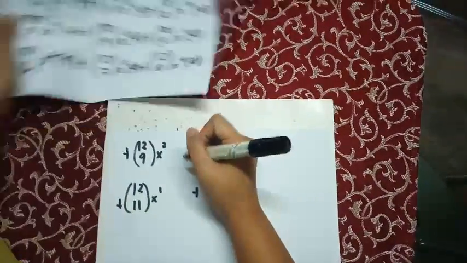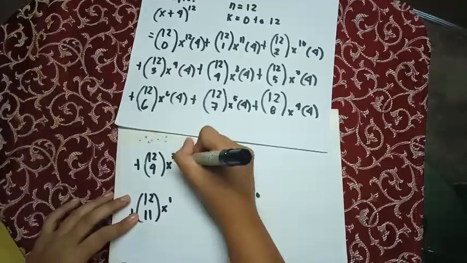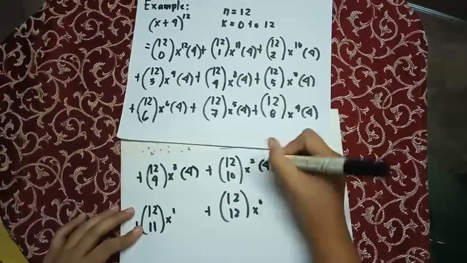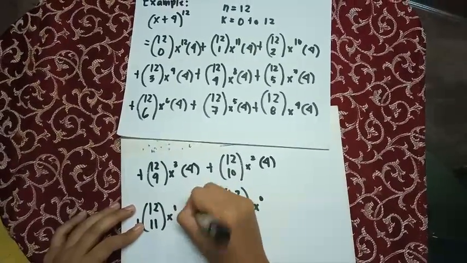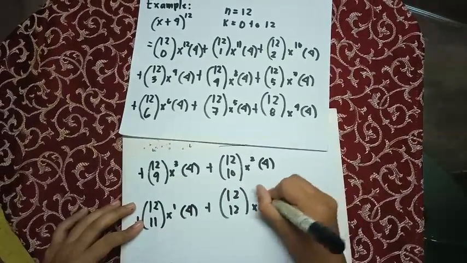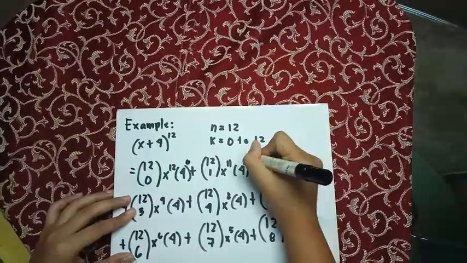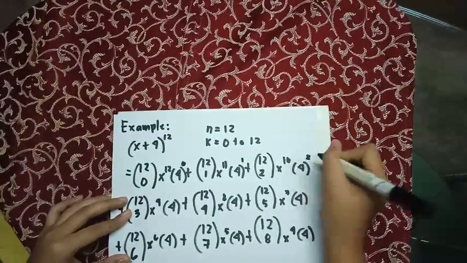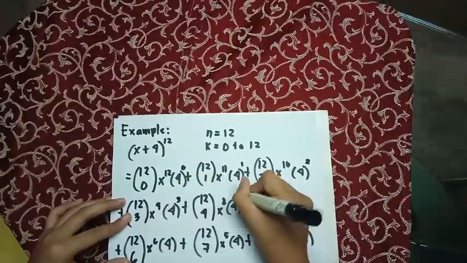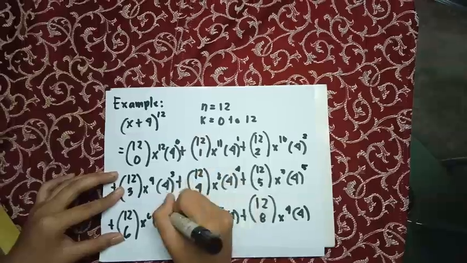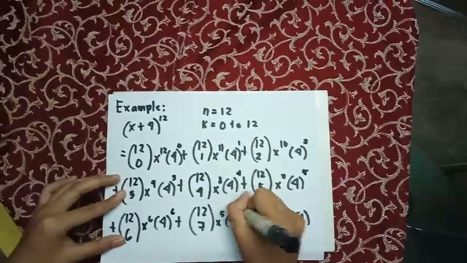As you can see, 4 raised to 0, 4 raised to 1, 4 raised to 2, 4 raised to 3, 4 raised to 4, 4 raised to 5, 4 raised to 6, 4 raised to 7, 4 raised to 8, 4 raised to 9, 4 raised to 10, 4 raised to 11, and 4 raised to 12.